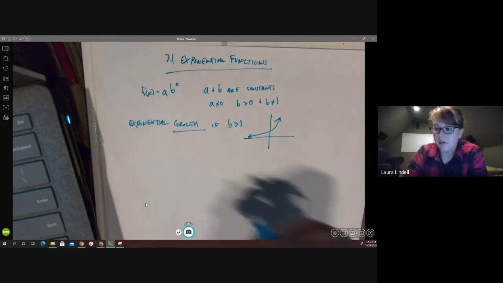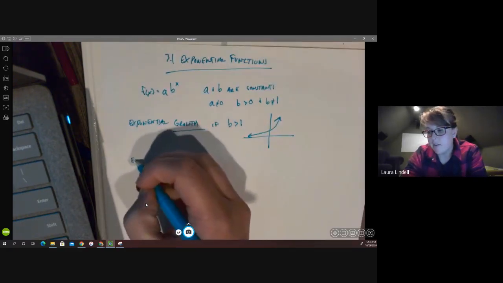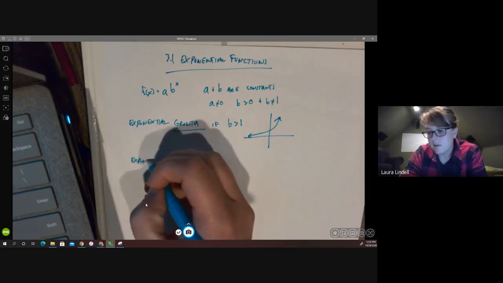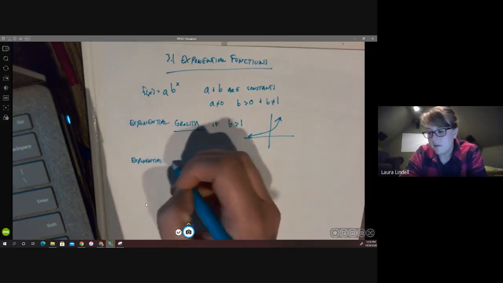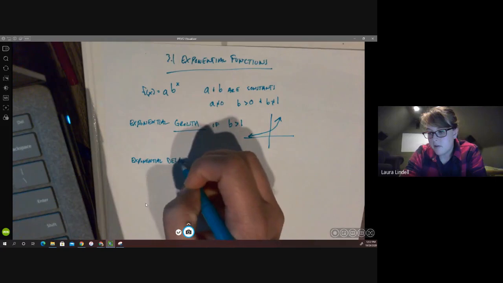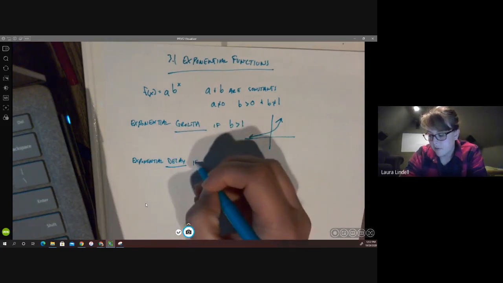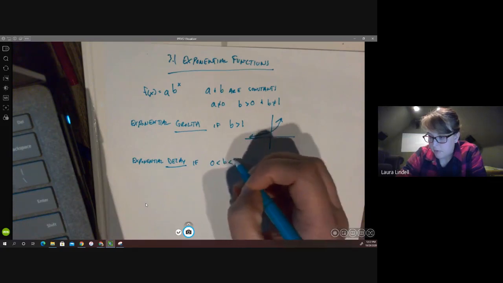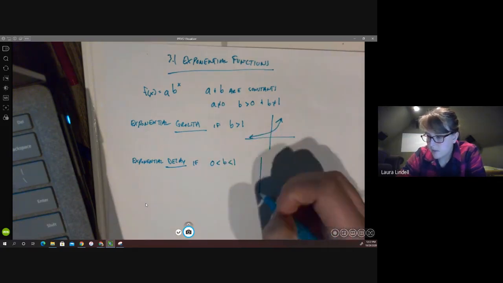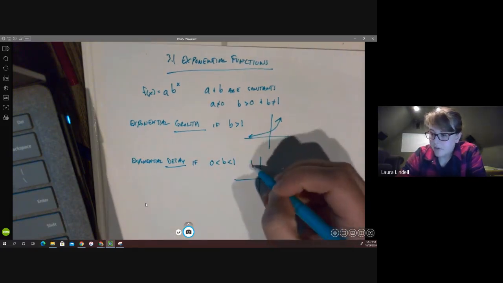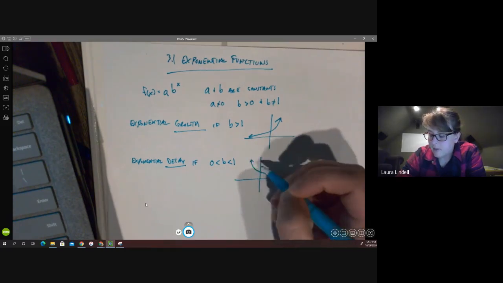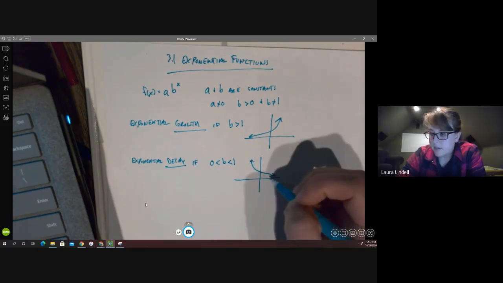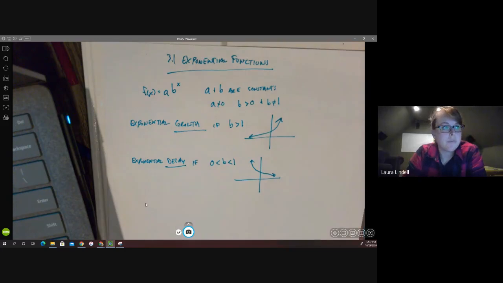And then the other version is exponential decay, and that's if b is between 0 and 1. Generic exponential decay looks something like that, where it decays quickly and then decays slower and slower, but it's still decreasing the entire time.